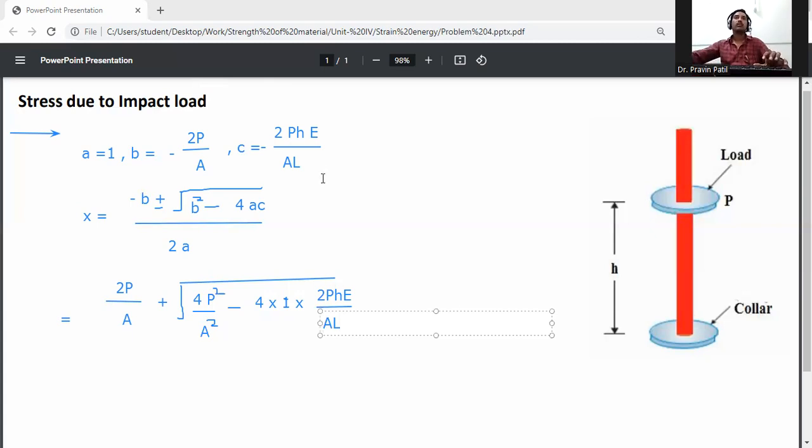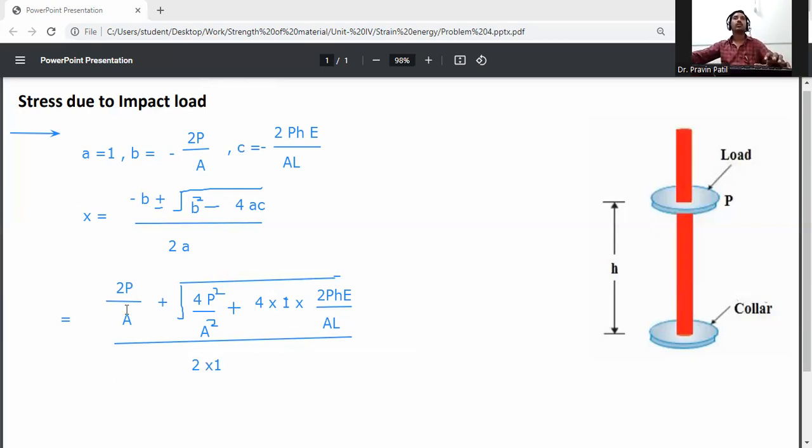So minus minus will get a plus value, divided by 2a, that is 2 into 1.